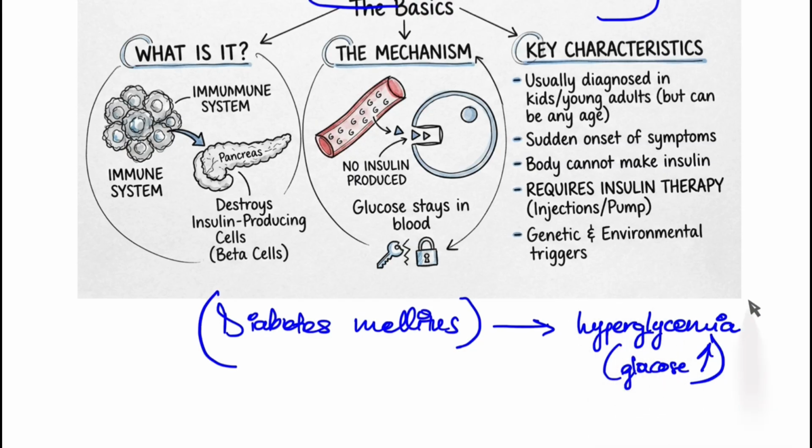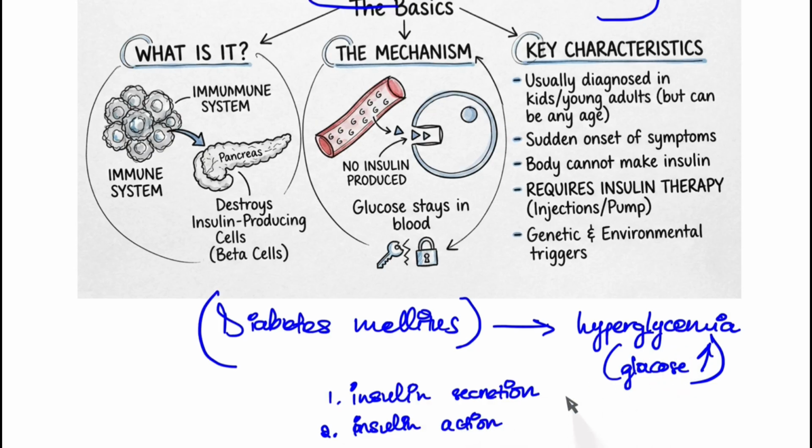This hyperglycemia results from defects in insulin secretion by the beta cells of the pancreas, or could possibly be caused by defects in insulin action. It could also be caused by defects in both.